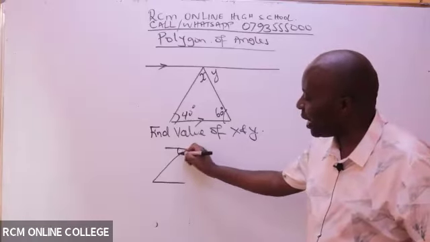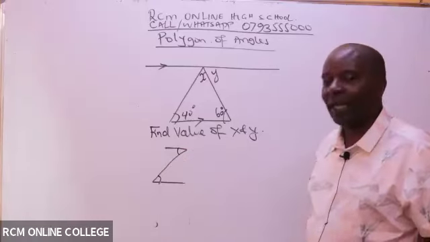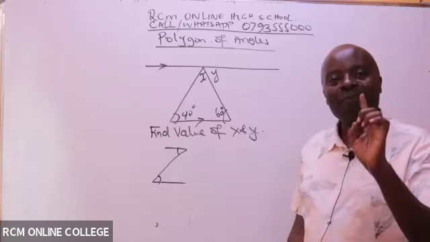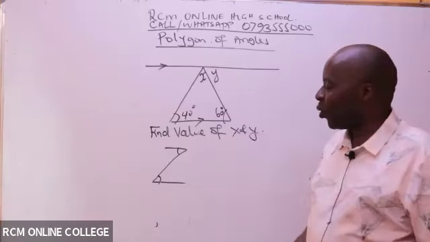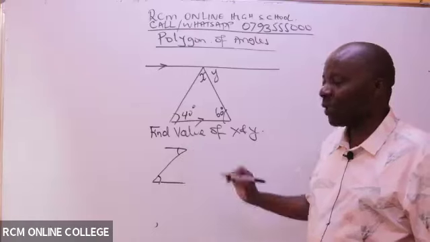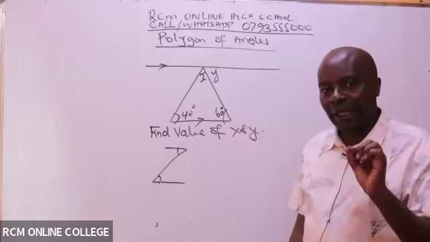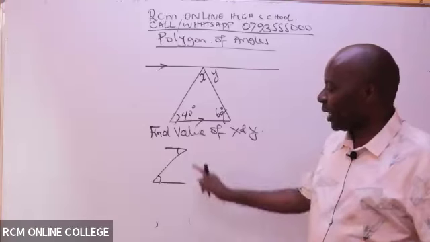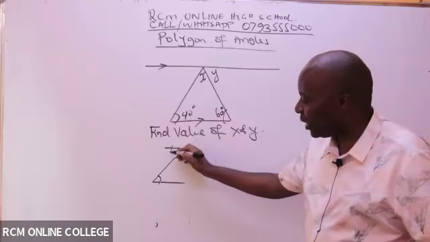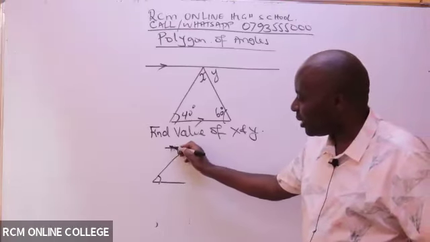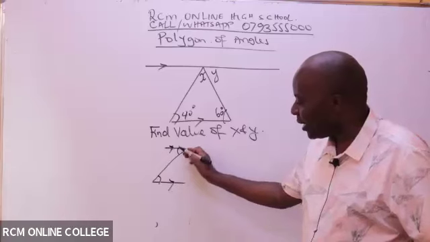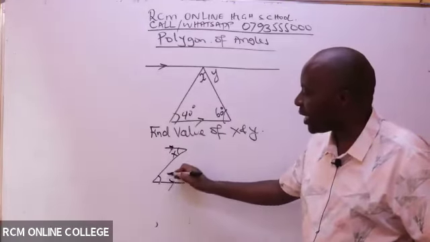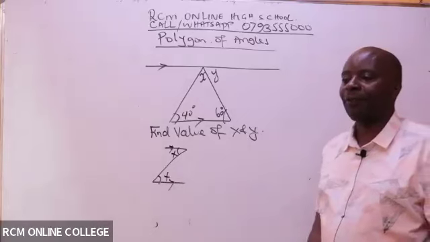So we have this angle here and this angle there. They will be equal. Why? Because these Z angles, we call them alternate angles. So if this has X, this will also have X like that.